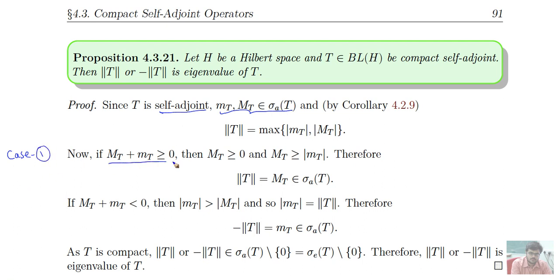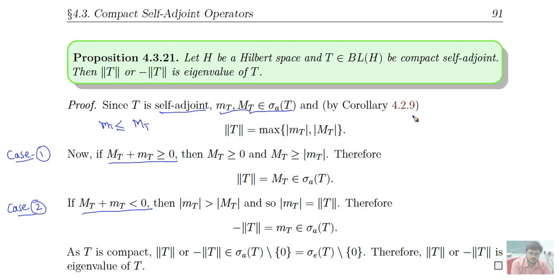So this is the first case. What is the first case? That the sum of these is greater than 0. And the second case, that the sum of these is less than 0. So if the sum is greater than 0 and small m(T) is the infimum, what we know is small m(T) is less than or equal to capital M(T). So when their sum is greater than 0, both cannot be negative.